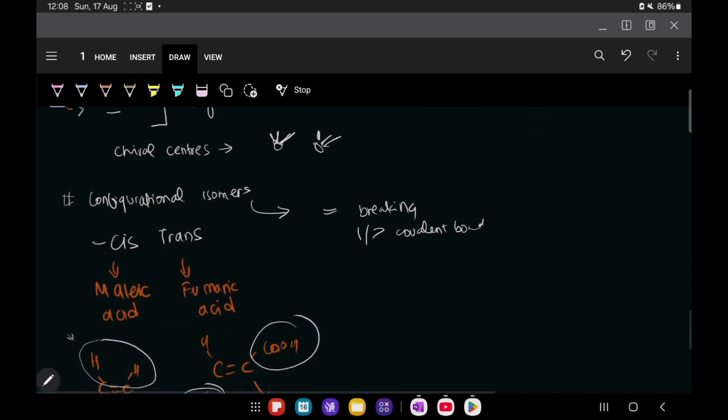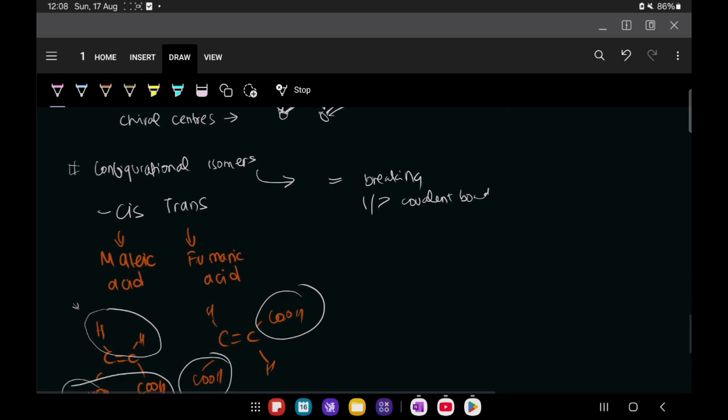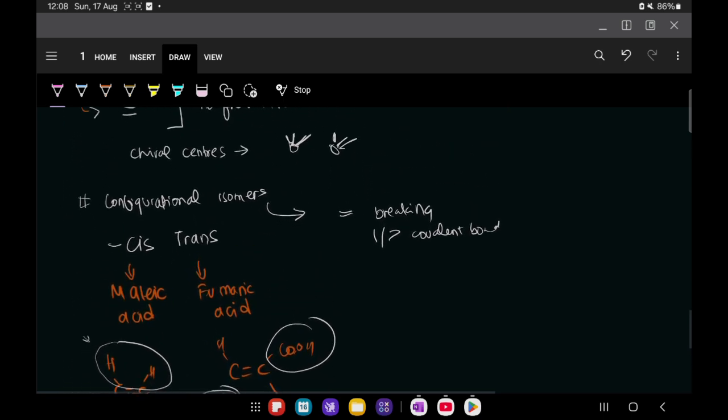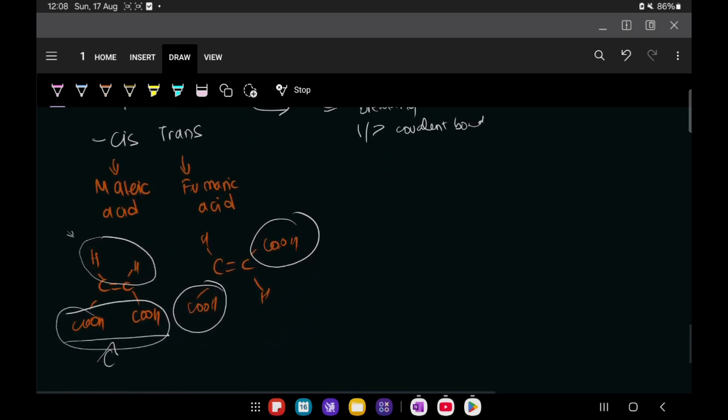Unless there's a ring or a double bond, you wouldn't really have an issue. No bond would have to be broken because these are free bonds, while here you have double bonds, or there could be a ring where you'd have to break a bond, right? Double bonds have pi bonds, so you'd have to break that. Or if there's a ring, in order for rotation to happen, you have to break that bond.